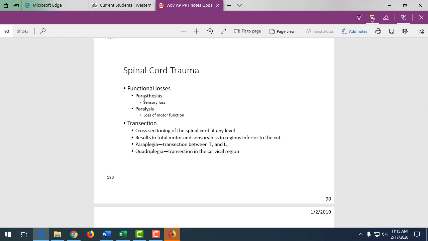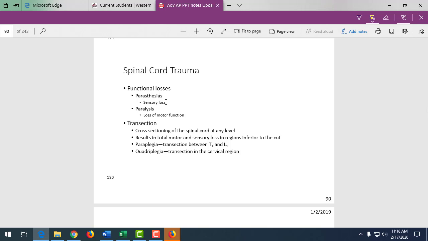So, we lose sensation. What tracts are damaged if we have sensory loss or paresthesia? Descending or ascending? Ascending. Ascending tracts are damaged. If we have paralysis, what tracts are damaged? Descending. But we can also have nerve damage. We can have intact tracts, but the nerves are damaged.